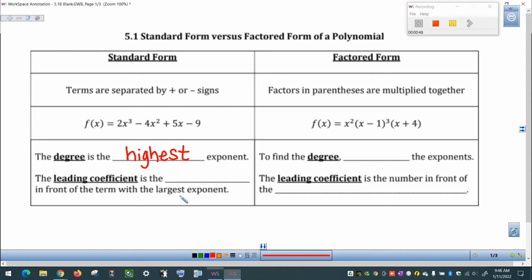And we also know that the leading coefficient is the number in front of the term with the highest exponent. So for example, with the polynomial that's written here, the highest exponent that we see is 3, so that would be our degree. Degree is 3. And the leading coefficient, the number out in front of that term, is 2.